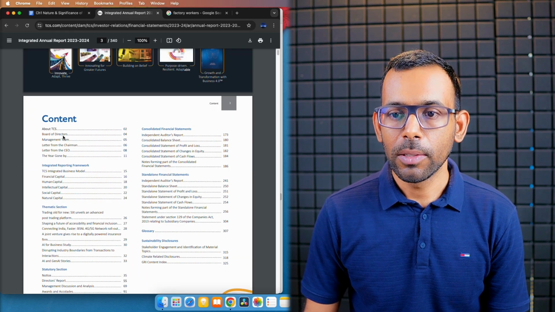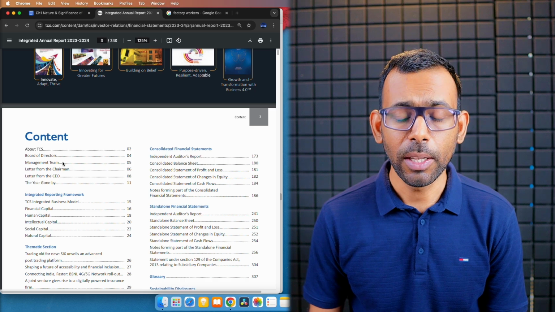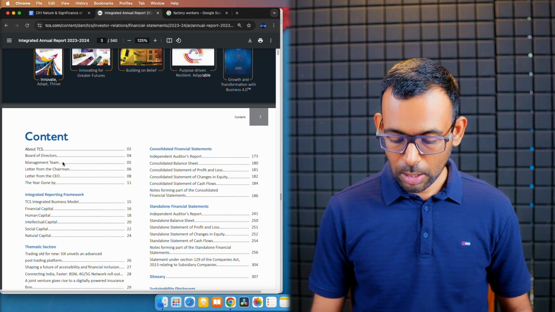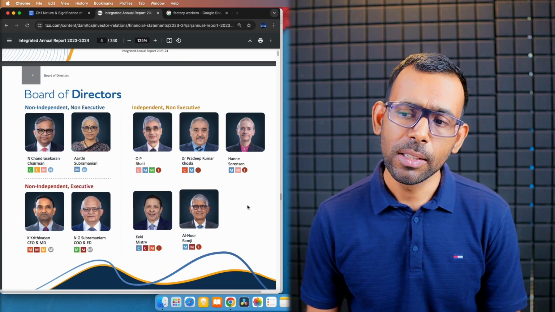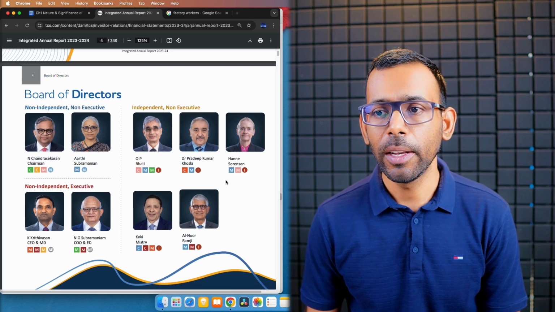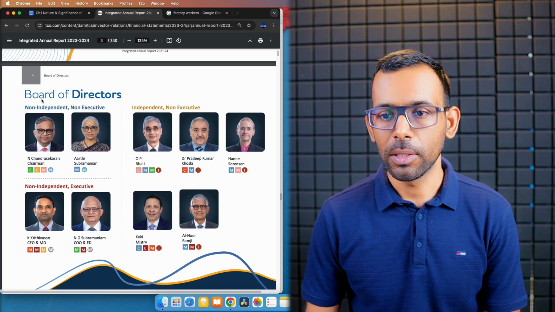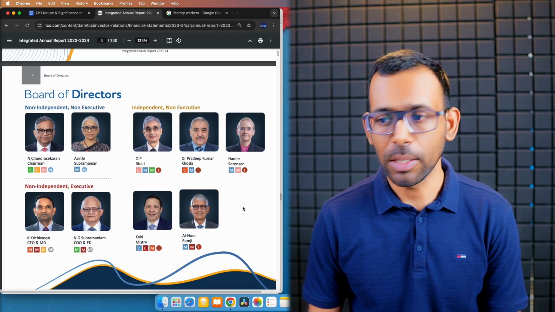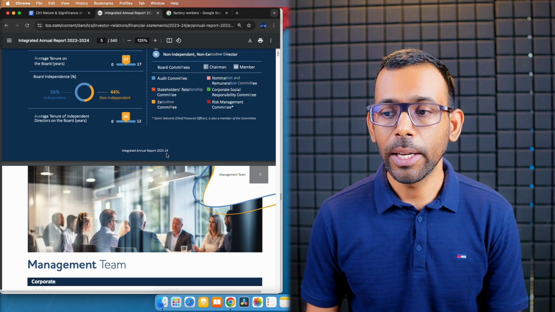So this is where you can see in the table of contents, board of directors and management team. I hope you can see this. Now, I go to this page, you see the board of directors. This page you can pretty much find in every annual report of listed companies. So these are the board of directors of TCS. And this is an annual report of year 23-24.